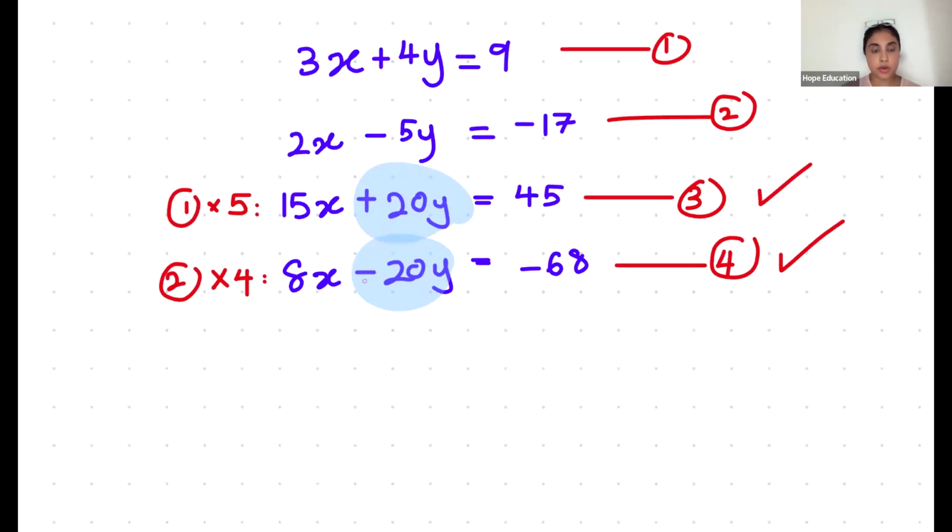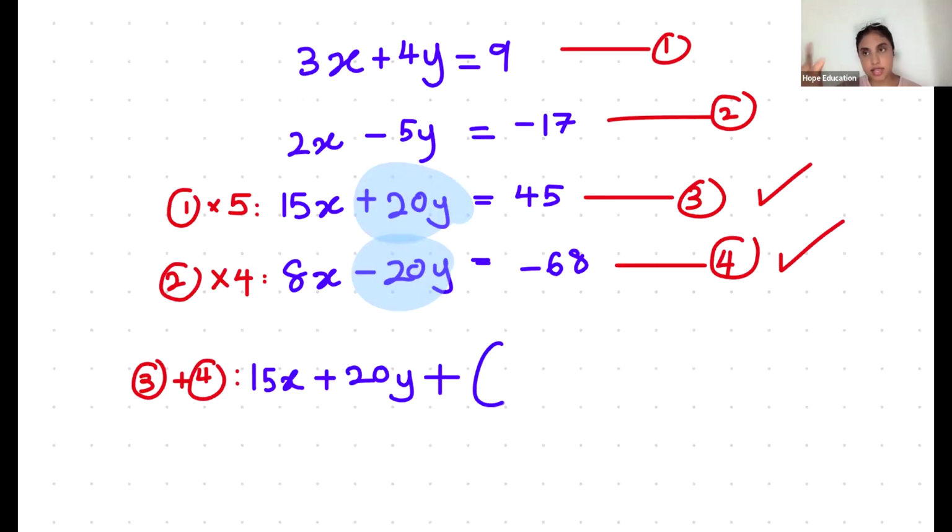So I'm going to add equation number 3 and equation number 4. Equation number 3, we have 15x plus 20y. When adding we don't need to put brackets. Only for subtraction we put brackets on the second set. So here we don't have to put brackets.